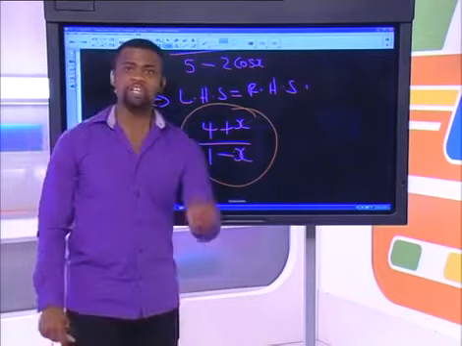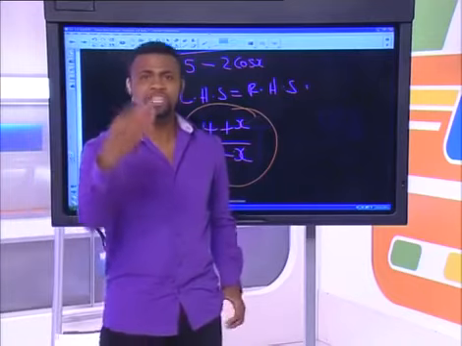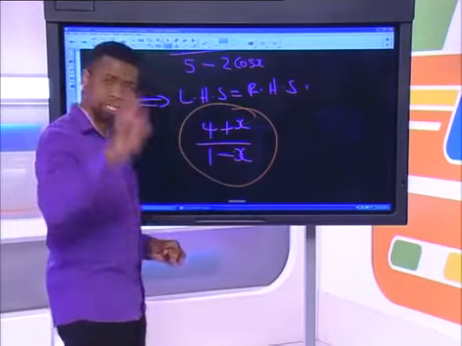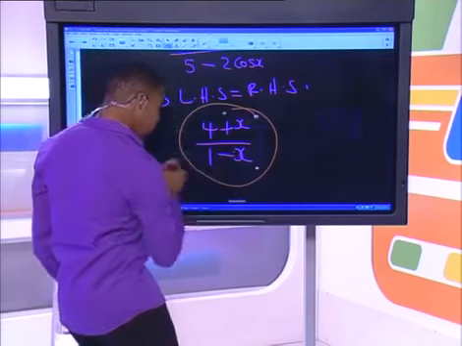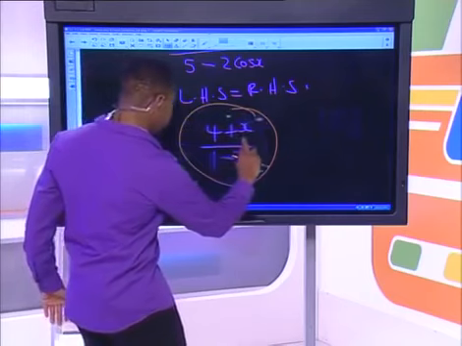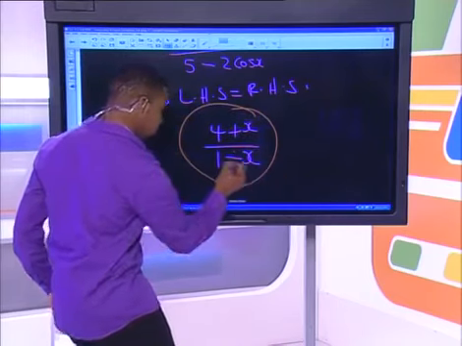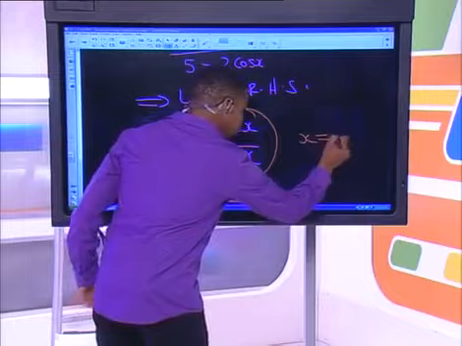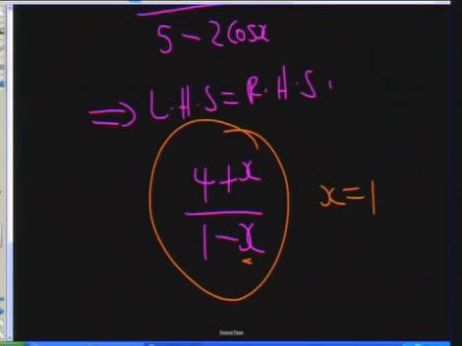Undefined. When do we have undefined? When we divide by 0. So this will be undefined if this is 0. And how can we get 0? If x is 1. Because if x is 1, we get 1 minus 1, then we have 4 plus 1 over 0, and this is undefined. So we have invalid if we divide by 0.